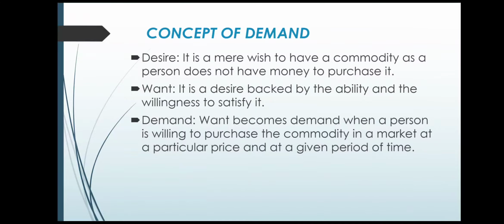So along with want, the consumer has to agree to the price what the producer is asking for, and that demand should be created in present, that is in a given period of time. If the consumer is not willing to purchase in present, then demand will not be created.